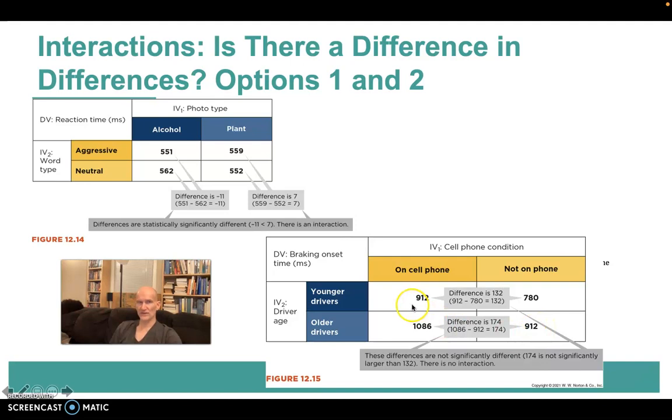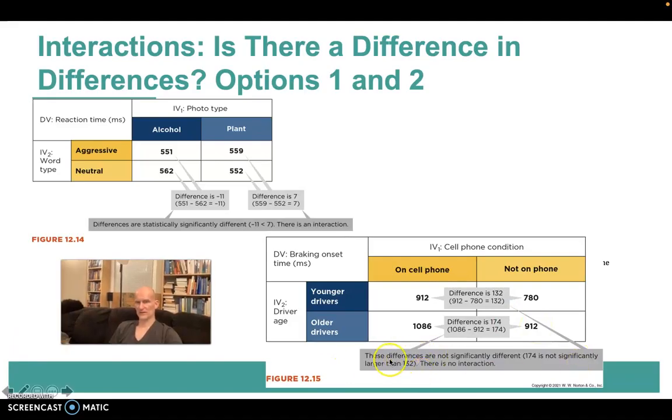In this study, for younger drivers, the difference was 912 mean reaction time minus 780, that's 132 milliseconds. For older drivers, that was 1086 minus 912, which is 174 milliseconds.